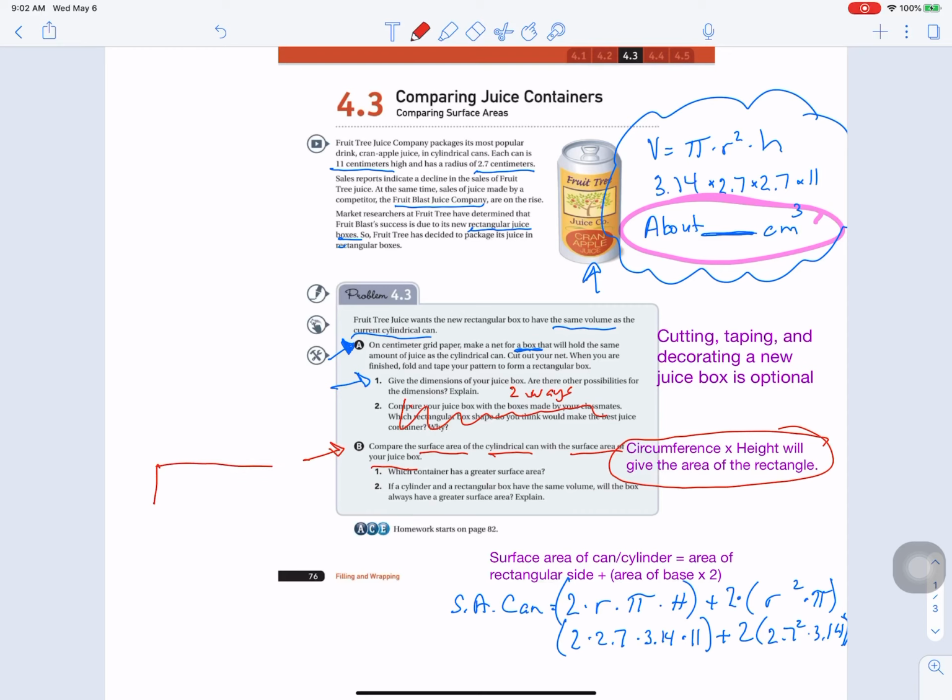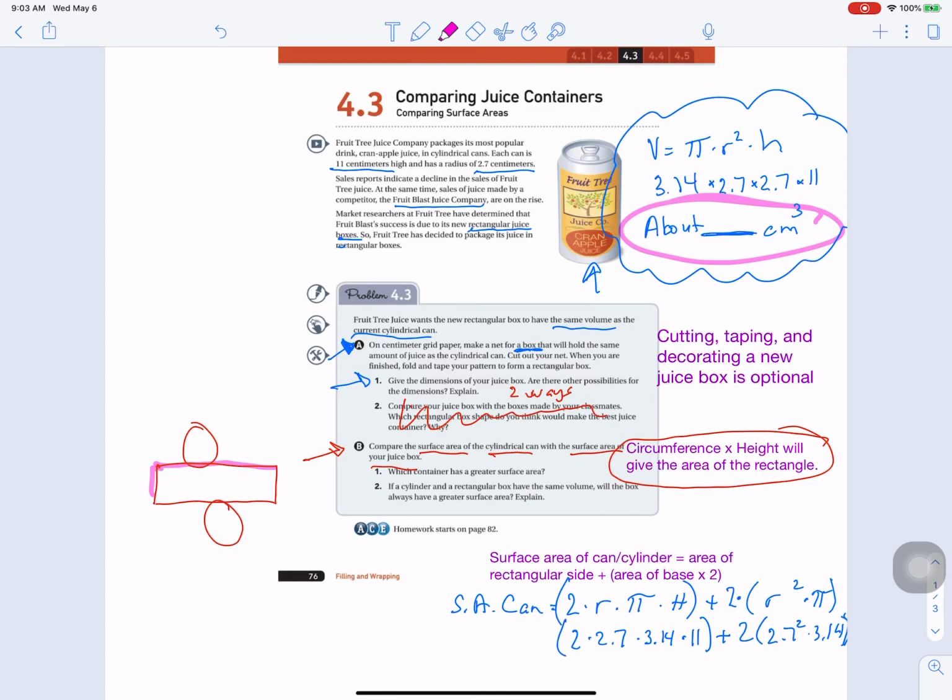Remember from last week, we have the rectangle, and then we have the two circular bases, the top and the bottom. So this part right here, remember, is the circumference. If we multiply that by the height, we'll get the area.